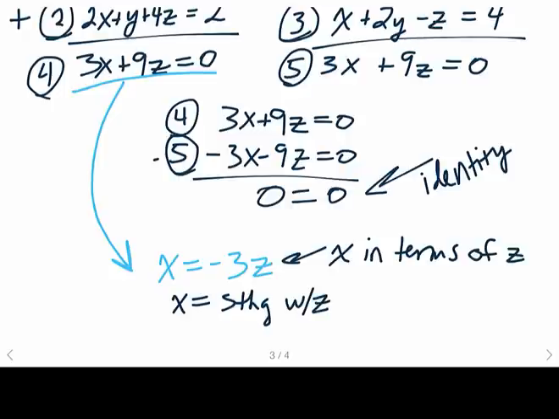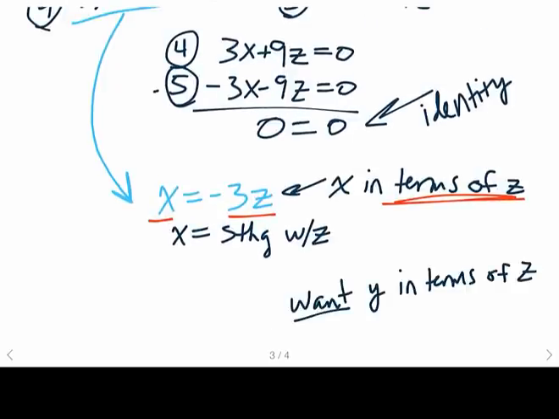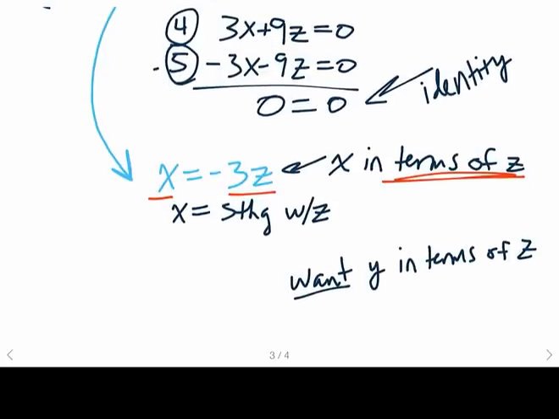Okay? Now, what I want is something else in terms of z. I already have x in terms of z, so what do you think that something else is? That's right. We want y in terms of that same variable. So what we're going to do is take x equals negative 3z and put it into either equation 1, 2, or 3.